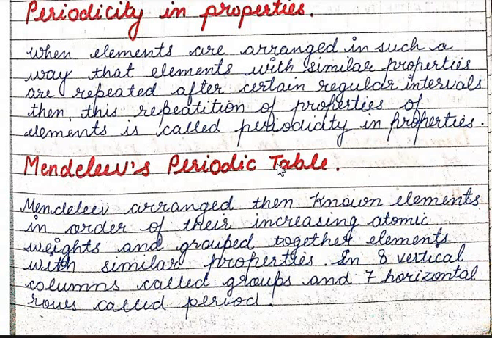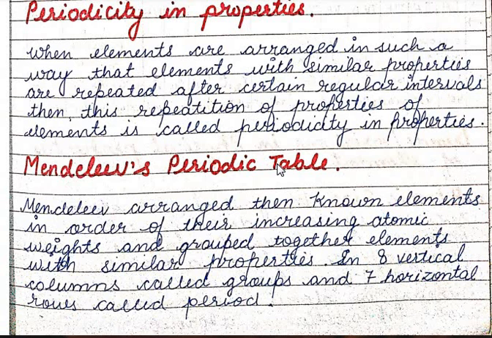Mendeleev periodic table. Mendeleev arranged the then known elements in order of their increasing atomic weight and grouped together elements with similar properties in 8 vertical columns called groups and in 7 horizontal rows called periods.